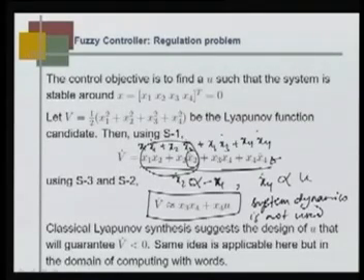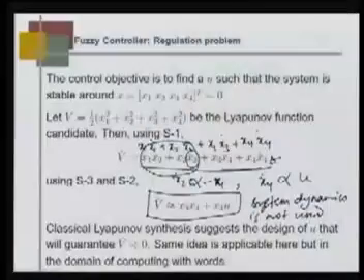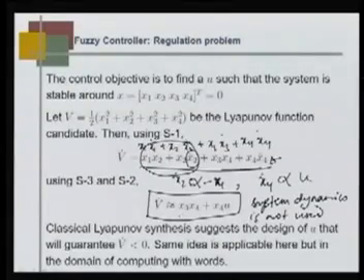Okay. So, now even if we do not know the system dynamics, looking at this we can create a rule base for which this V dot can be qualitatively negative definite. Classical Lyapunov synthesis suggests the design of u that will guarantee V dot is negative definite. The same idea is applicable here, but in the domain of computing with words, which means this is qualitative, not quantitative.